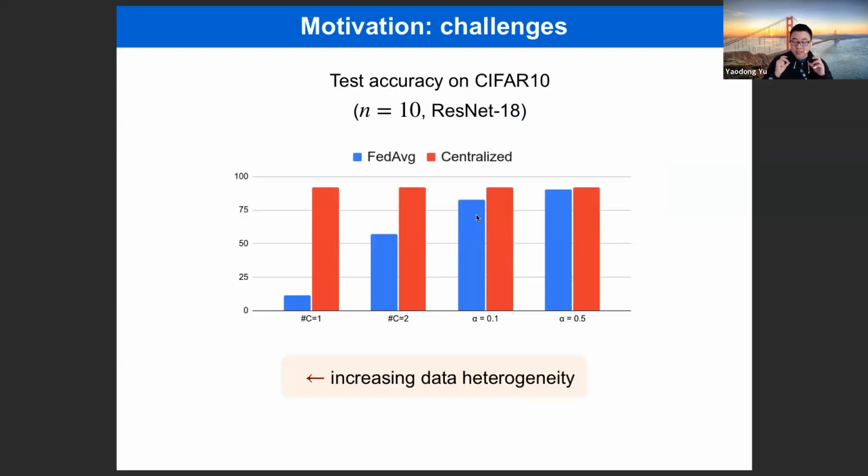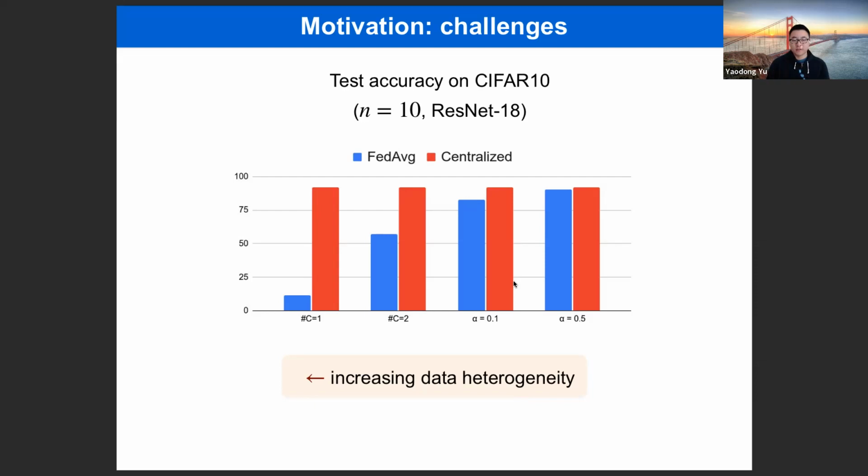Just to demonstrate how challenging this is, we are doing some simple experiments to show the impact of data heterogeneity on federated averaging, which is the very standard go-to algorithm in federated learning. The red bar represents the baseline for the centralized version.